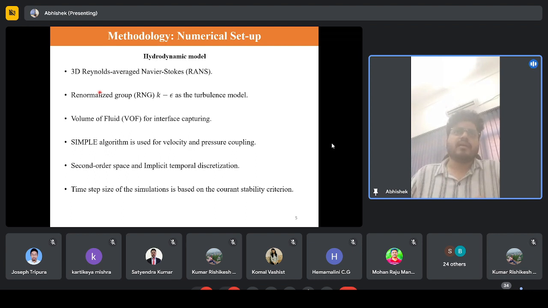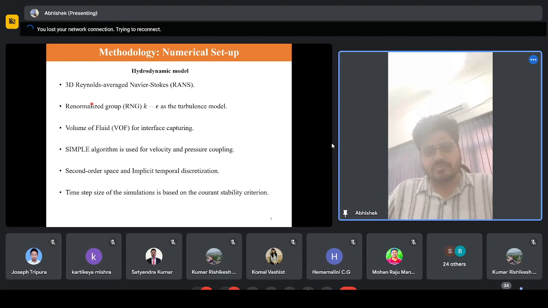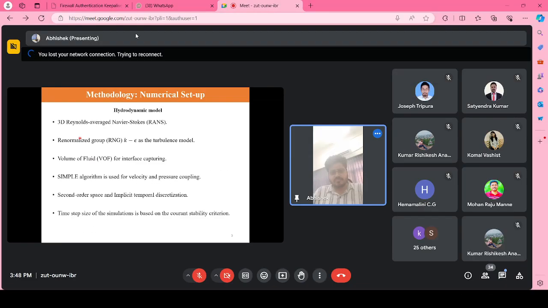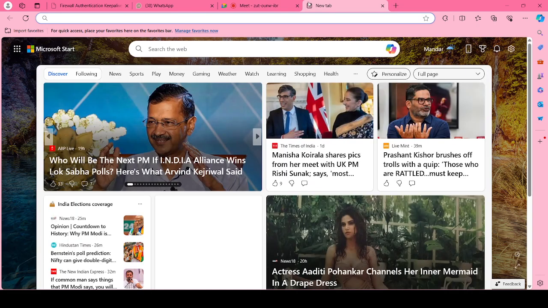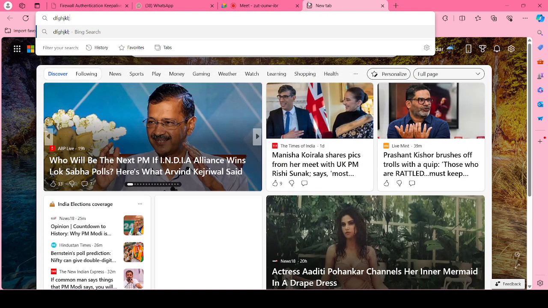But here I have chosen the 3D model because in yesterday's class I have shown you how the junction hydraulics is very complex and it's not judicious to use 2D model because of the complex flow nature, and I have also shown you the results of the various flow features.